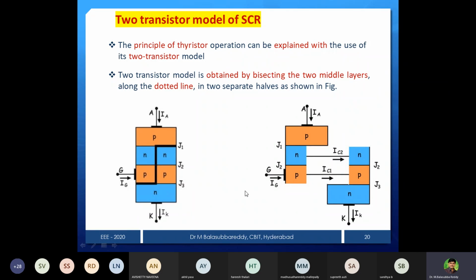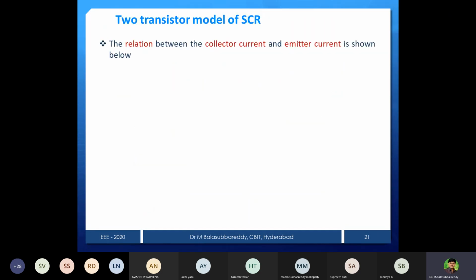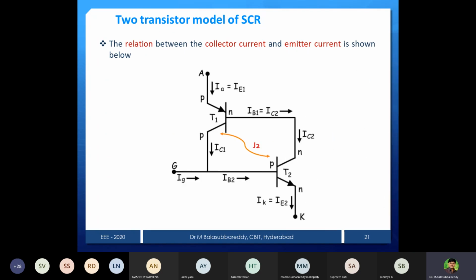Now PNP and NPN, you know the transistors, you can represent the two transistors and connect like this, then we'll see what the operation is. The relation between the collector current and emitter current we can represent like this. Whatever PNP and NPN transistors are there, you connect like this. What is the connection here? You can see that the base of transistor 1 is connected to the collector of transistor 2.